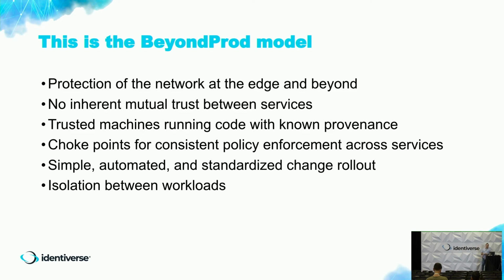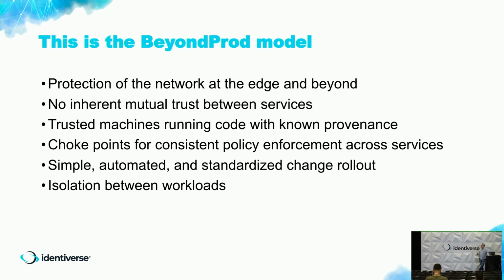So let's do a quick recap of the tenets of BeyondProd. If we develop cloud-native architecture, we want to concurrently strengthen our security, and so we developed and optimized for the following security principles. Protection of the network at the edge, still doing that, probably still have firewalls and other things in place, but also beyond. Also, inter-service communication is protected. There is no inherent mutual trust between services.